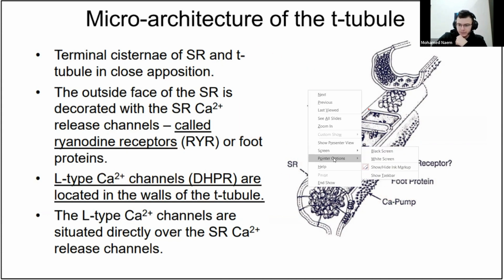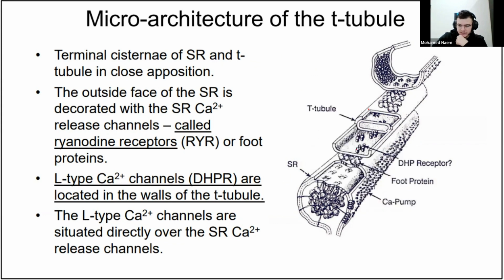Let's go back to the pen. So we said this is the DHP receptor. It opens, and now calcium is getting inside the cell. Some of that calcium is going to act as the signal that affects the SR, the sarcoplasmic reticulum. What is its job? It contains the calcium.